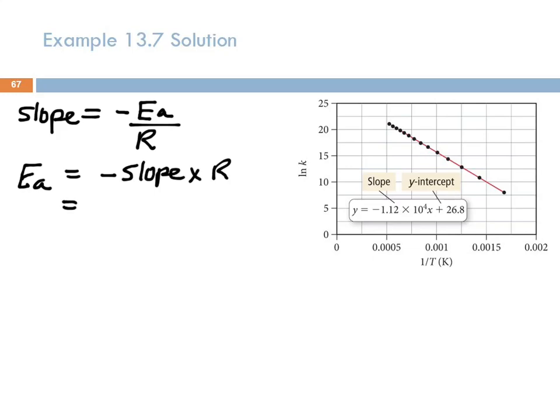So the slope is minus 1.12 times 10 to the 4th. And we need a negative in front of that. What's the unit on that slope?